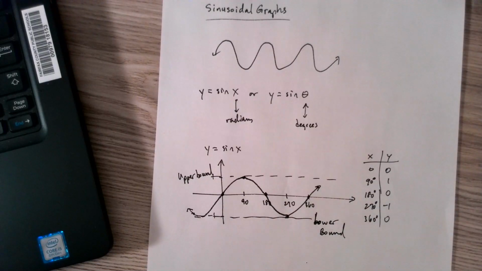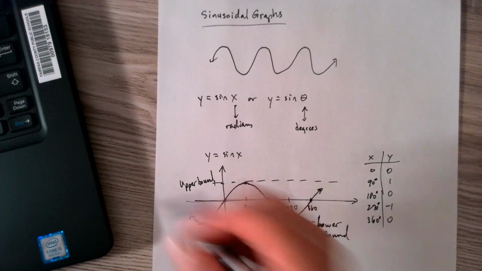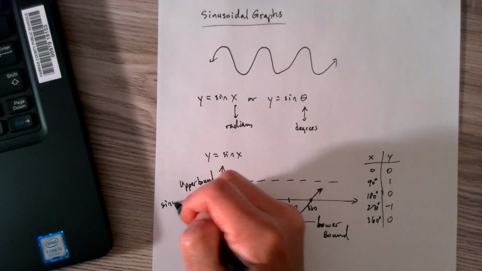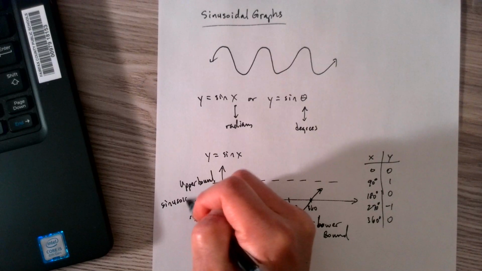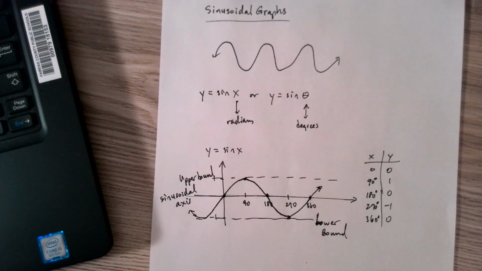And then since it's symmetrical about the x-axis in this case, that is also known as the sinusoidal axis. It's not always going to be the x-axis, of course, because I'm going to show you how we can move the graph up, down, left, right, and change other things.